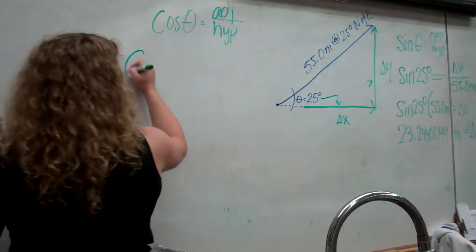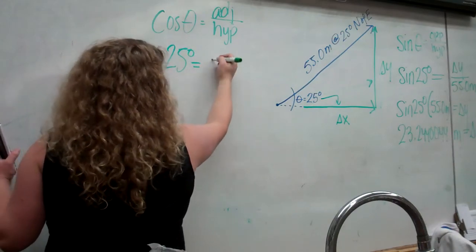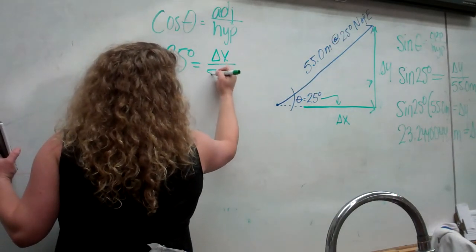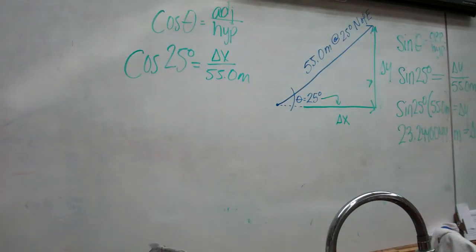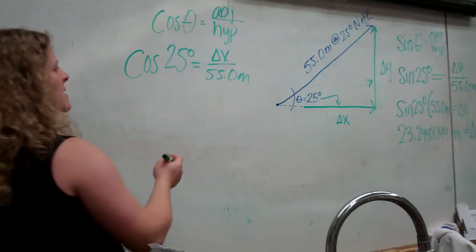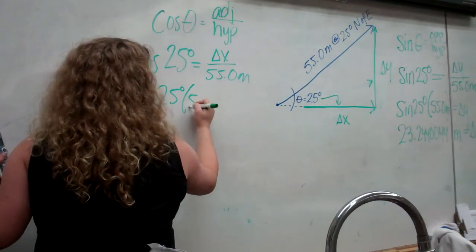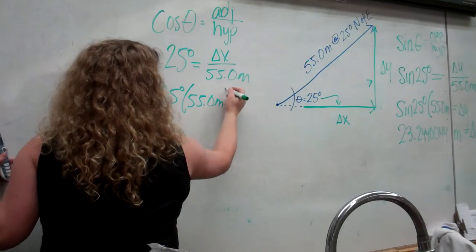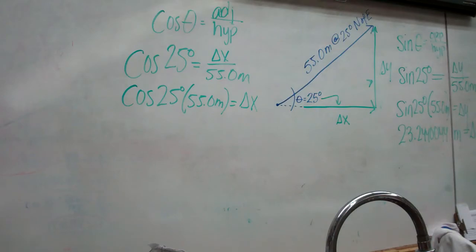So now we know that cosine 25 is equal to delta x over 55.0 meters. Okay, we can solve for delta x. Go ahead and find delta x.